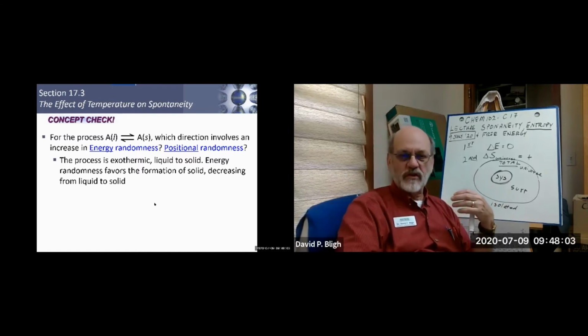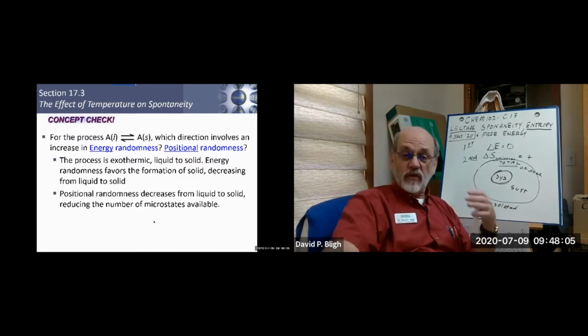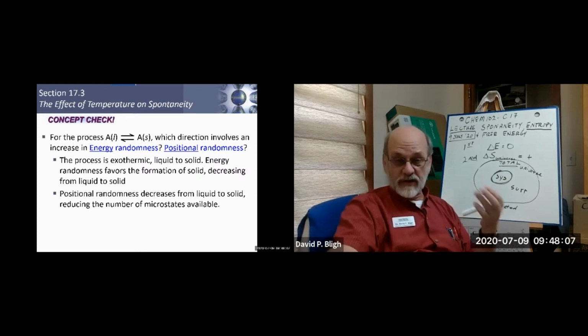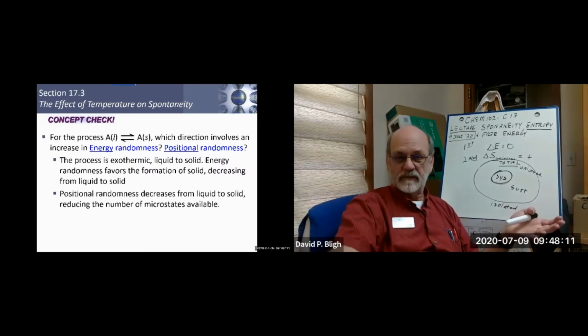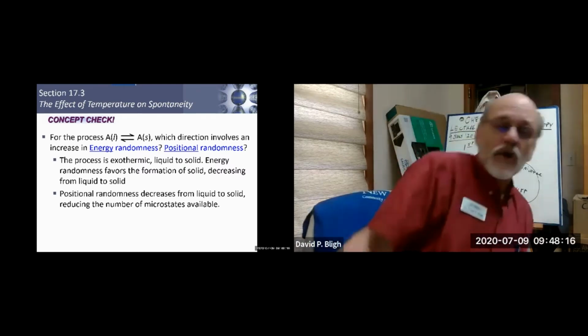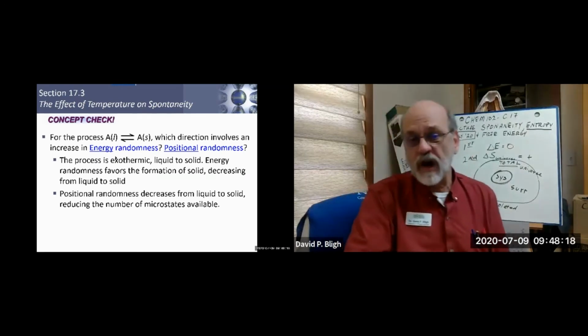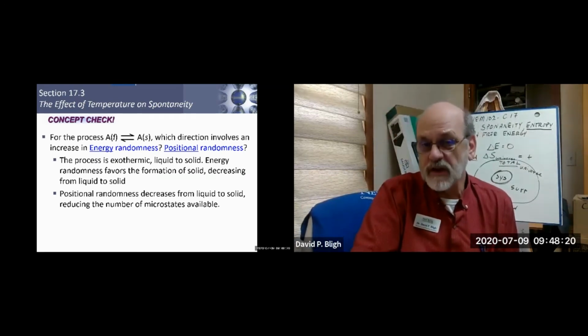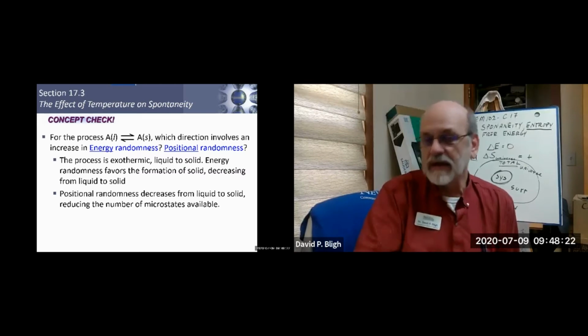What about positional randomness? Positional randomness favors the formation of the liquid, in the opposite direction. So in the forward direction, our positional randomness is decreasing, going from liquid to solid.